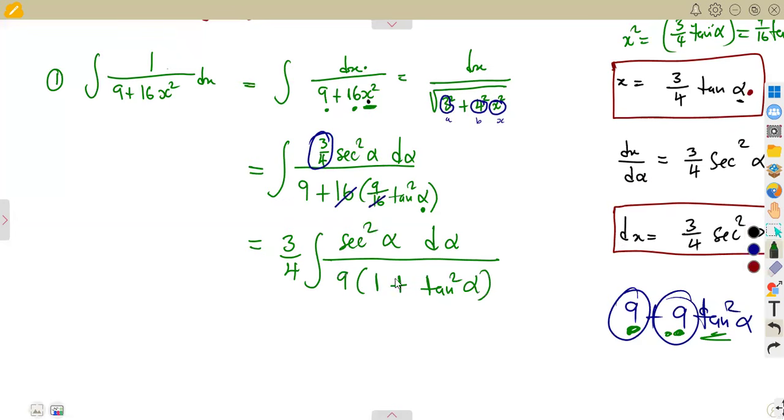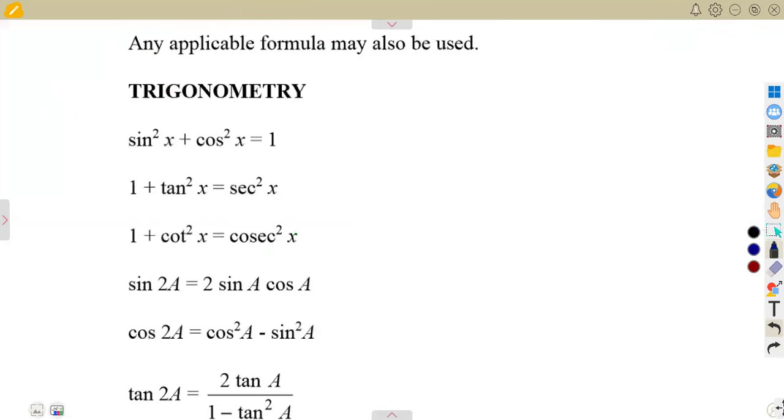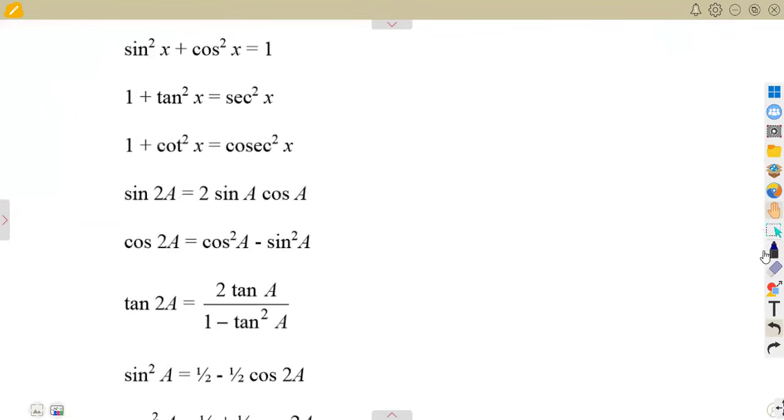If you consider the trigonometry here, we are going to see that 1 plus tan squared is equivalent to sec squared, or sec squared is equivalent to 1 plus tan squared.